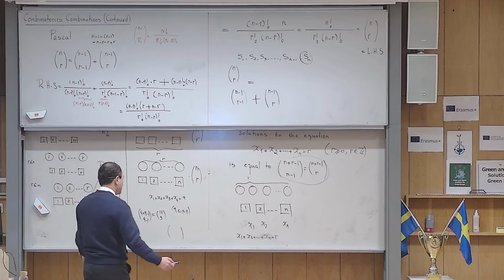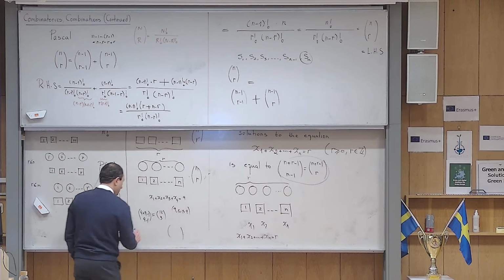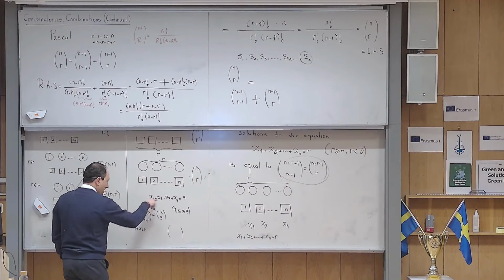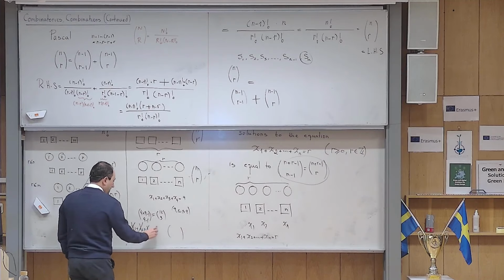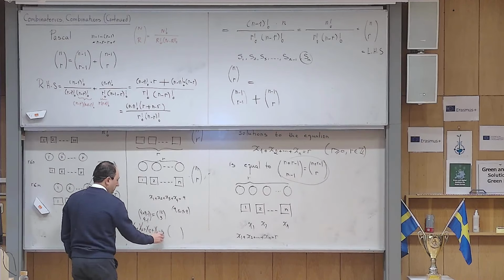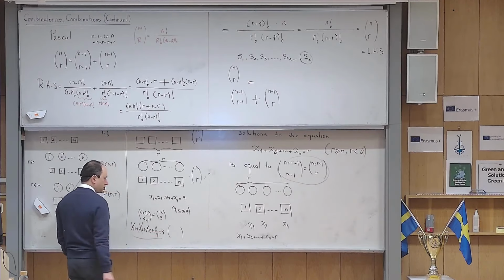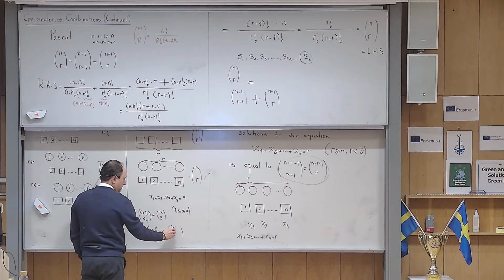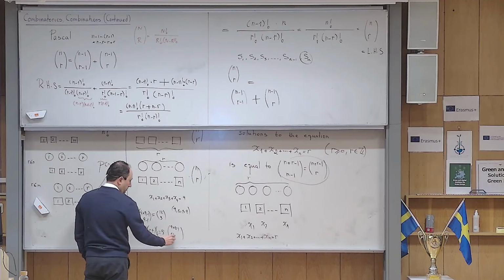So what happens? You can say x1 plus x2. Of course, this x1 is not that x1. If you don't mind, let me write capital X1, X2, X3 plus X4, equals 5. So I consider this problem, and the problem is exactly on the board. This number plus that number minus 1, and then 4 minus 1.